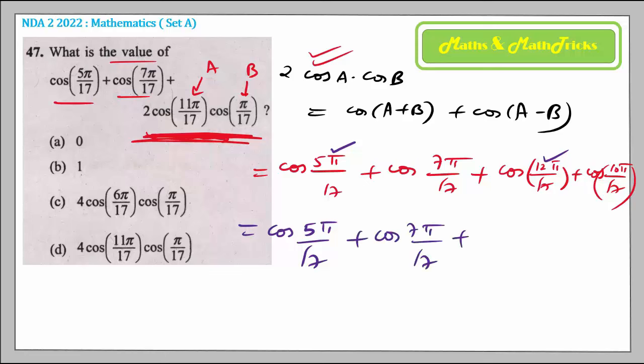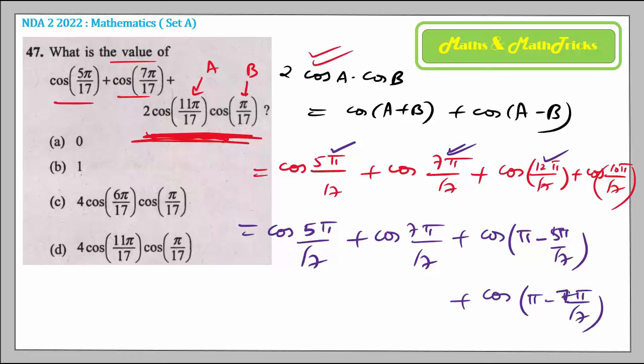The third term has a relation with pi minus 5 pi by 17: 17 minus 5, you will get 12 pi by 17. Similarly, the last term you can express with the help of this 7 pi angle. So 10 pi by 17 is the result of pi minus 7 pi by 17.